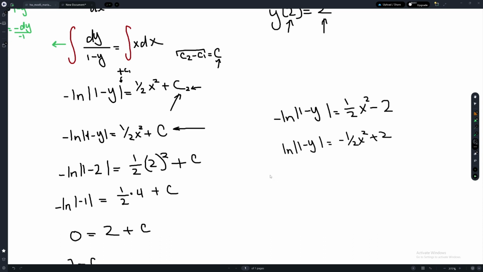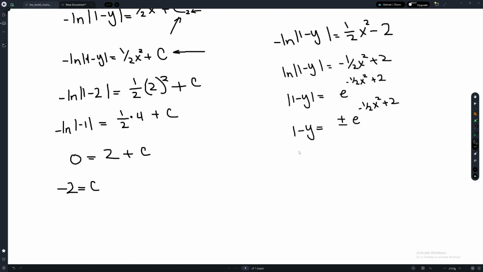And then we've got to get rid of our ln. So the absolute of 1 minus y equals e to the negative 1 over 2 x squared plus 2. And we get rid of the absolute, which is going to be plus or minus e to the negative 1 over 2 x squared plus 2.